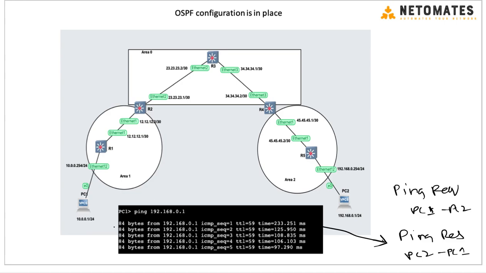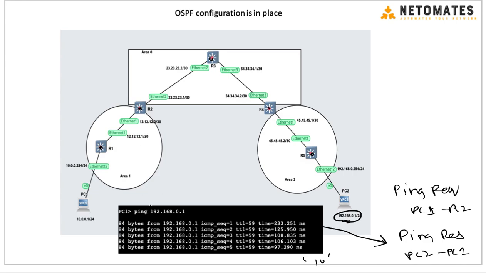Okay, in this case we have seen 5 pings, meaning a total of 10 packets being exchanged. So for the ping request to go from PC1 to PC2, all the routers R1, R2, R3, R4, R5 need to know about this network, because when the ping request is going, the destination IP is 192.168.0.1.